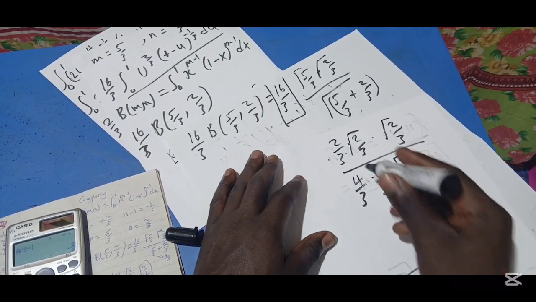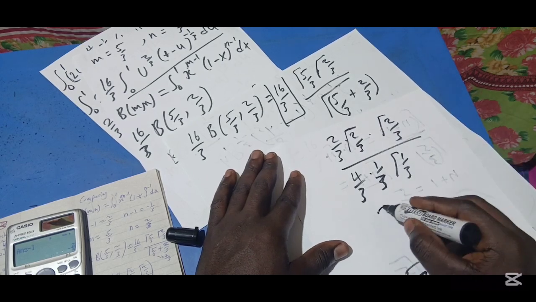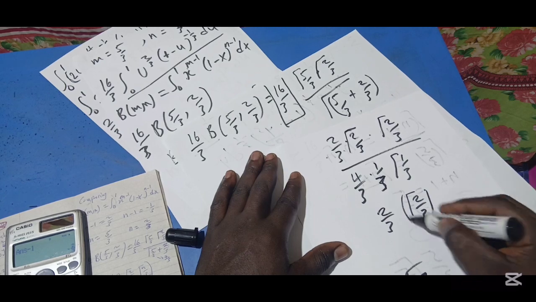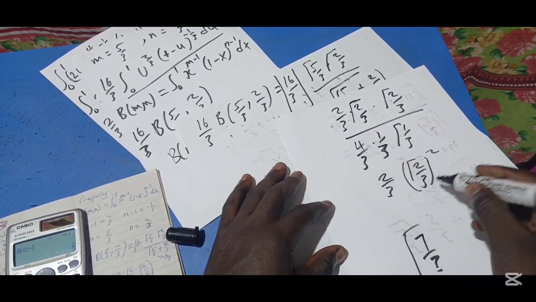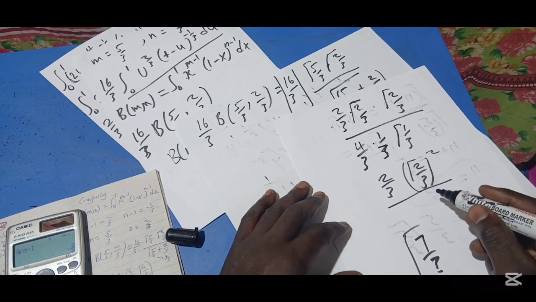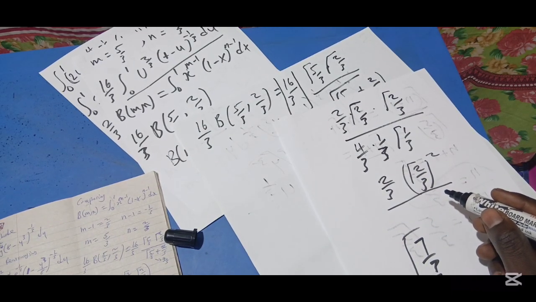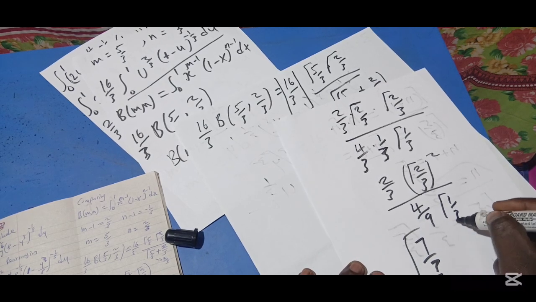We have gamma 2 on 3 times gamma 2 on 3, gamma 2 on 3 squared. So we have 2 on 3 multiplying gamma 2 on 3 squared. And here 4 on 3 by 1 on 3 is going to give us 4 on 9 gamma 1 on 3.